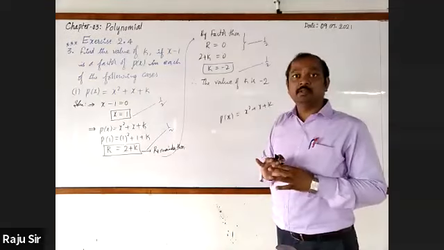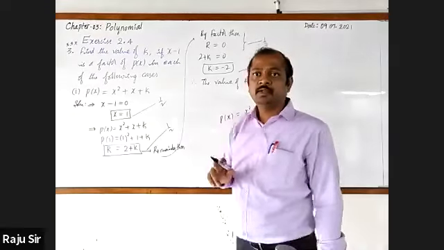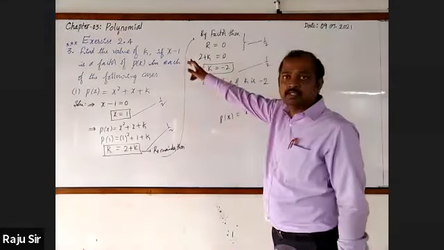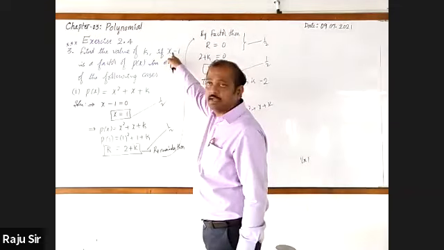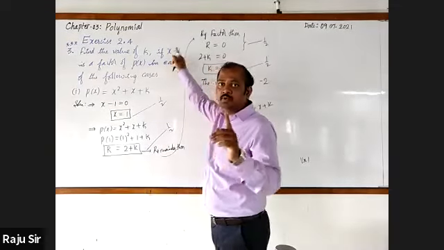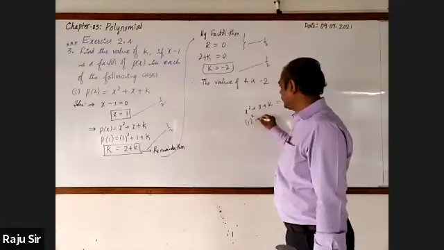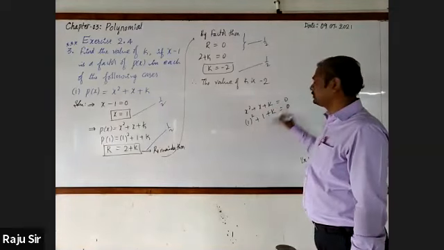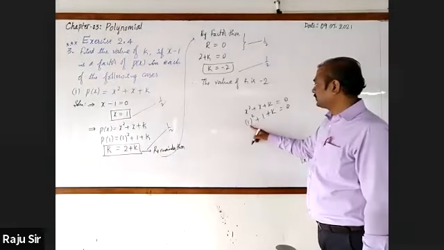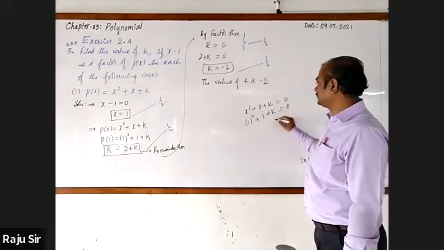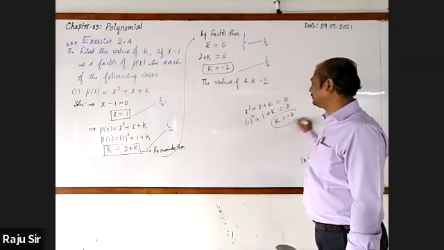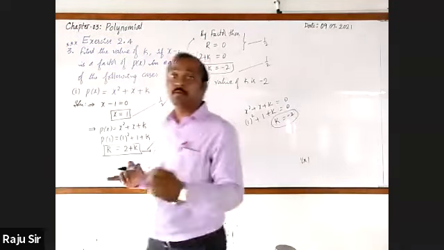Then they have given x minus 1 is a factor, so the zero will be x equal to 1. 1 whole square plus 1 plus k equal to 0. 1 square is 1, plus 1 is 2. Transfer 2 to the right, k is minus 2. That's for 1 mark.